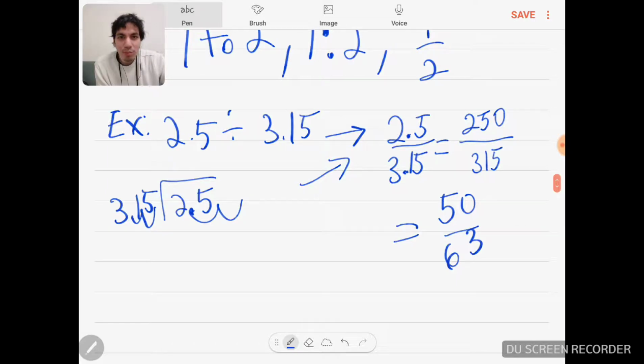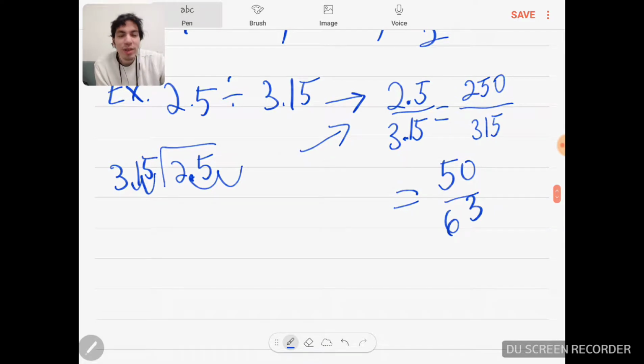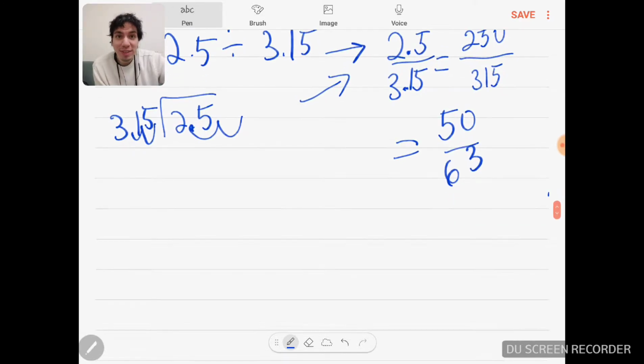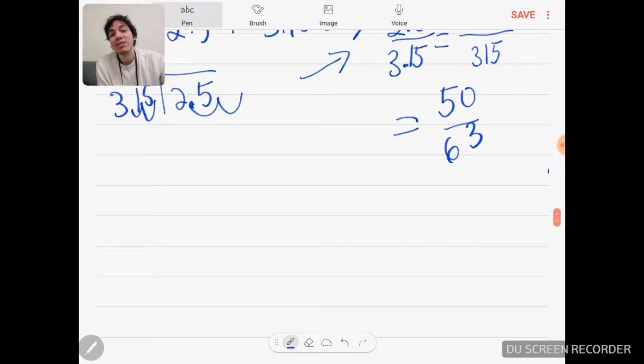Well, I divide both of the numbers by 5. Because when a number ends with a 0 or 5, you can use 5 to divide both the numerator and the denominator by that number. And you can check yourself that that's exactly what you get. Can I reduce further? The answer is no, because 50 and 63 have nothing in common other than 1.